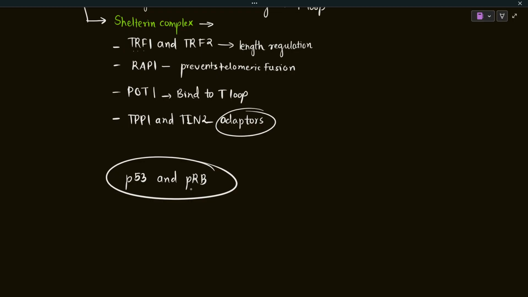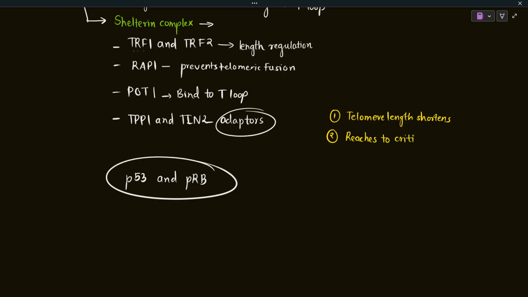So the DNA damage response activation is due to telomere length shortening. Let's list down the steps. First, telomere length shortens and reaches a certain threshold, a critical level.